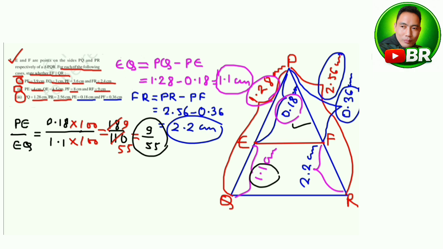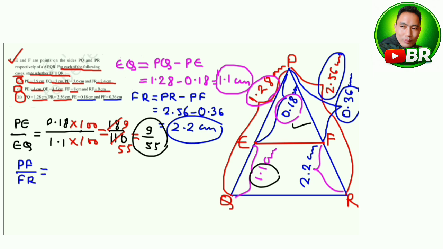Now let's find the ratio of side PR, and we can write PF by FR.